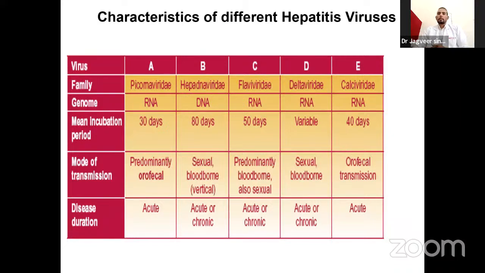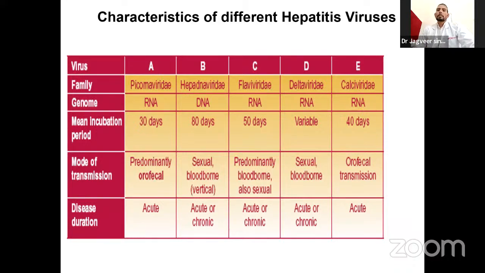This is an overview of the various hepatitis viruses. We see the disease durations firstly. Hepatitis A and E cause acute viral hepatitis, while B, C, and D can cause acute or chronic.